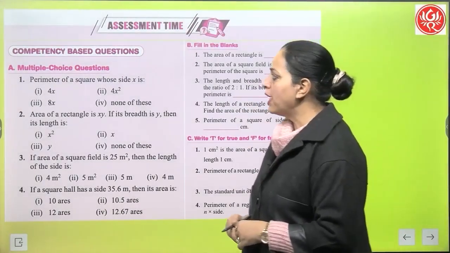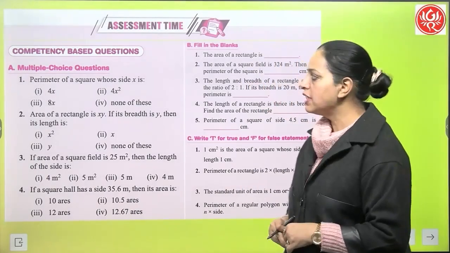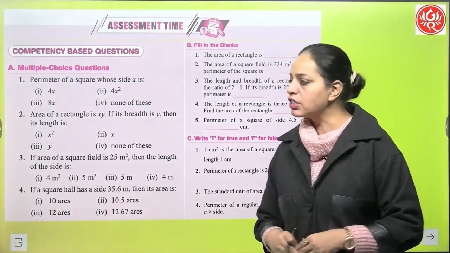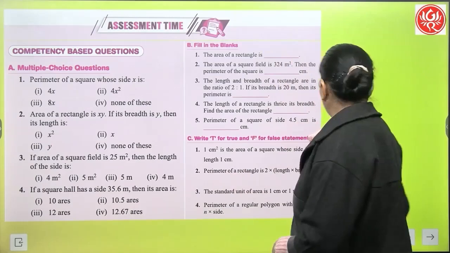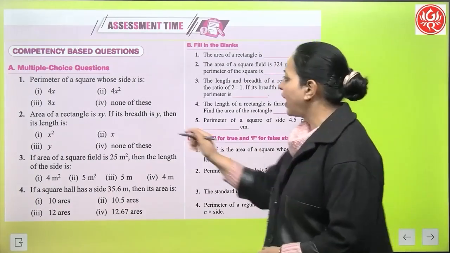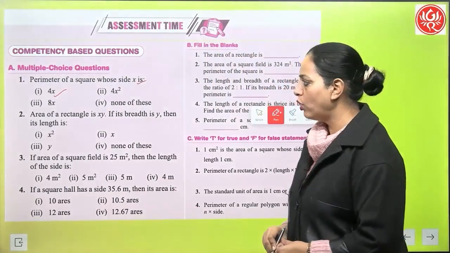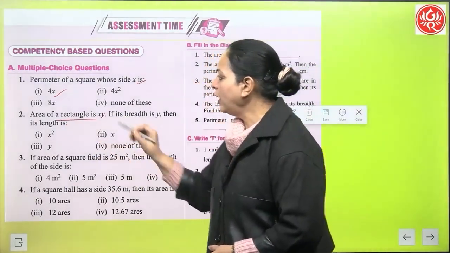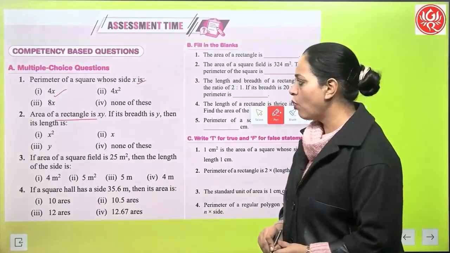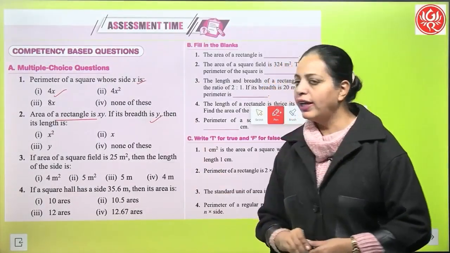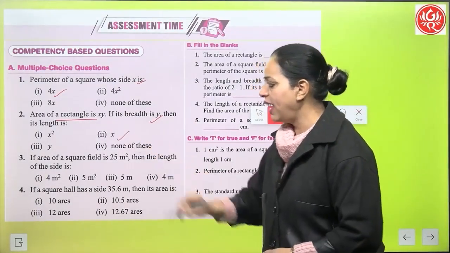Now competency based questions. A part, multiple choice questions. The first one, perimeter of a square whose side is x. If side is x, so what is the perimeter? 4 into side, 4x. The second one, area of a rectangle is x into y. If its breadth is y, it means length is x.